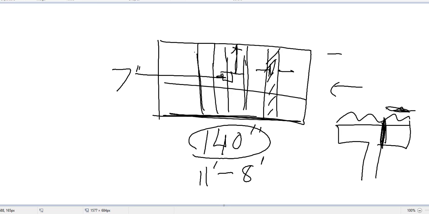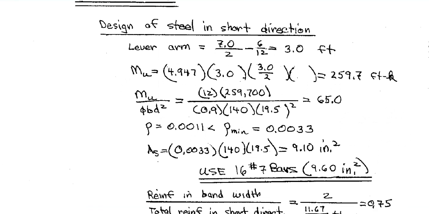So it is a good idea to determine the reinforcement for the entire width. So they used 140. So here you should use 140, or the entire width, which is not 7 feet this time. The longitudinal dimension 11 feet 8 is, so 140 here.